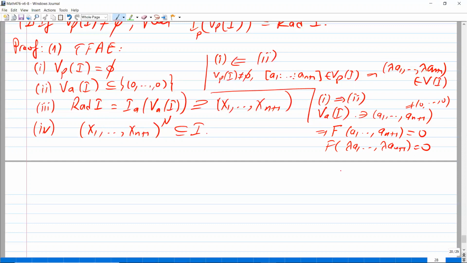So that means the point P, A1, ..., A(n+1) is inside VPI, so that this is not empty. Okay, so we proved that VPI is not empty if and only if VAI contains some point other than 0, 0.